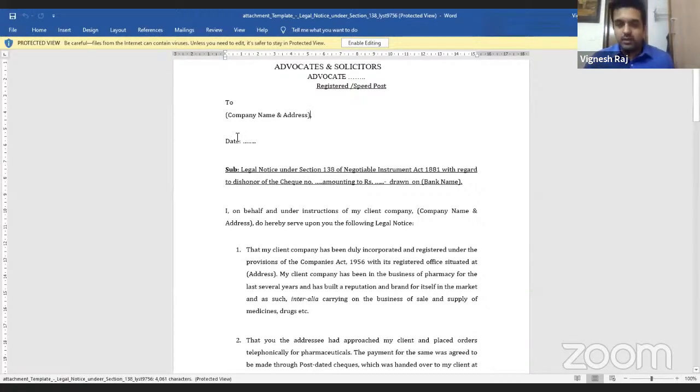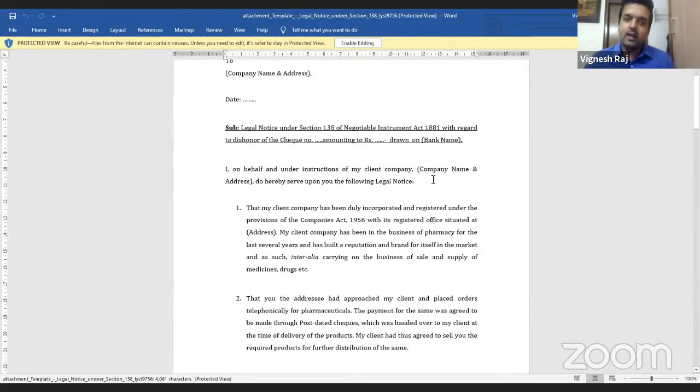Then you have to stipulate the date. It can be right here or on the right hand side over here. No problems whatsoever, that's up to you. And you may give a subject to the letter or the notice, though it's not necessary. You draft your notice stating that you issue this notice on behalf of, and on the instructions of, your client. State your client.